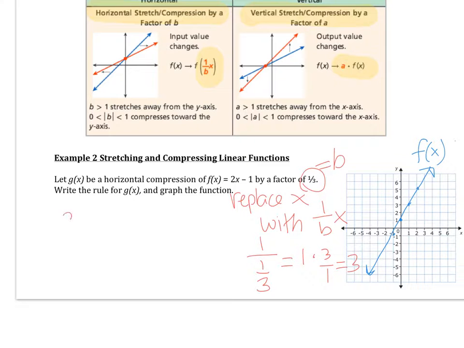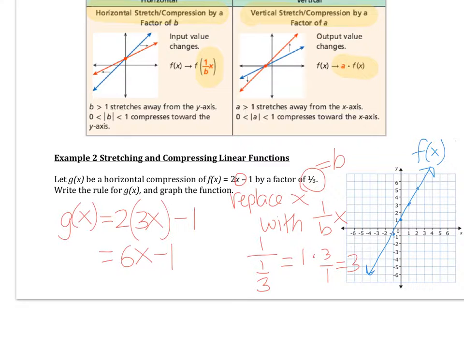So g of x, replace just the x, so the 2 has to come out, and I replace it with what? 1 over b, which is 3, x. And then I still write the minus 1. So that's 6x minus 1.